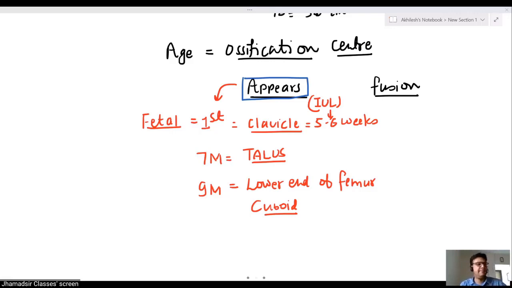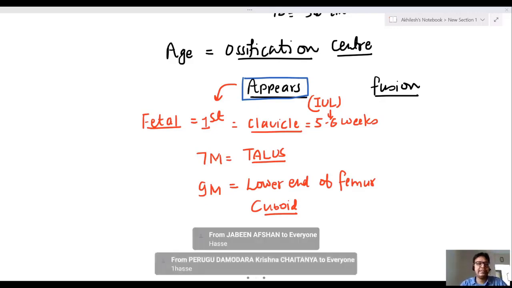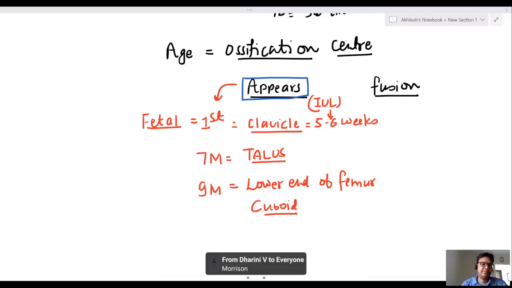Fetal life. Doctor, revise with me. For fetus age, which rule is used? Rule of Hasse. The next 5-month rule for the fetus is known as rule of Morrison.